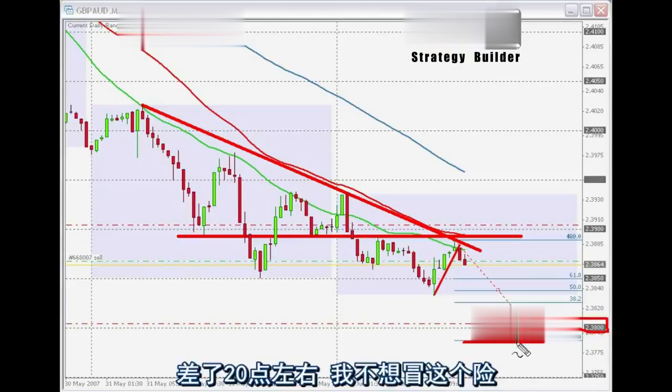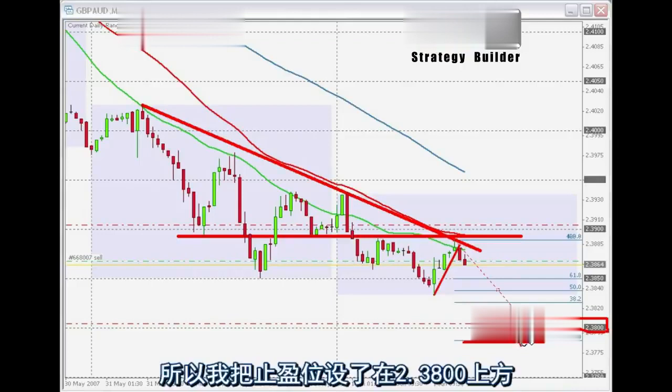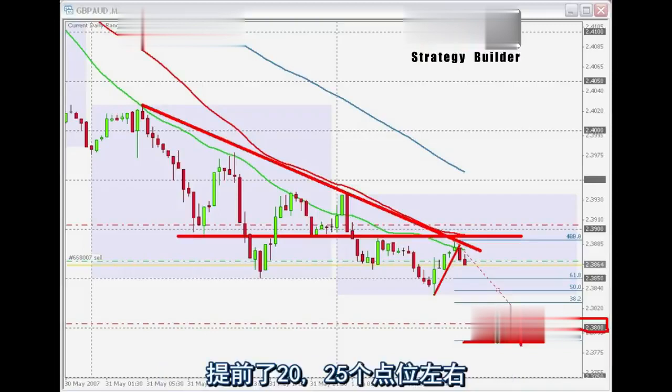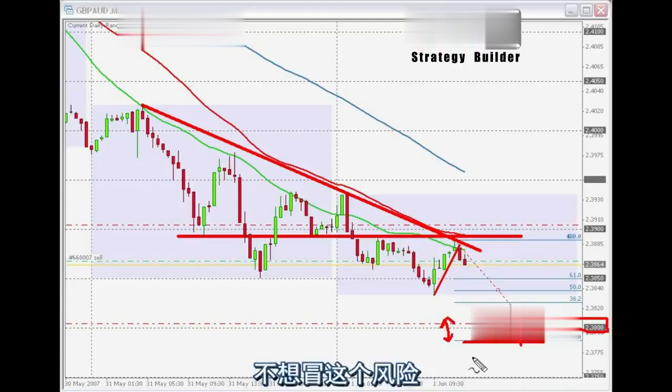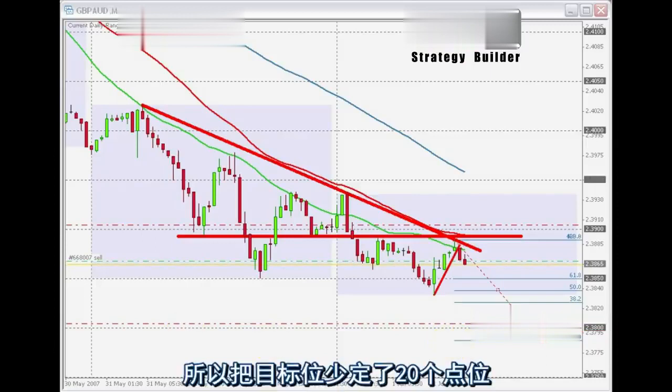I don't want to have that mark in the middle of the way, so I've placed my target a few pips above that 238.00 round number. I'm giving up perhaps about 20-25 pips of this move, but nonetheless, I don't want to risk it. I'm very conservative with my trades and my targets.